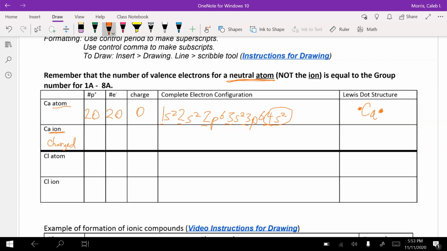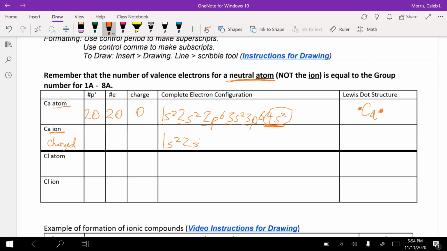Well, there's only 2 electrons, so to get to a full outer shell, I would have to add 6. Remember, the number we're trying to get to is 8. That would take 6 electrons to make that happen. Or I can give those 2 electrons away and just go down to the next layer. That's a whole lot easier. So that's what it's going to do. It's going to lose those 2 electrons that are in the outer layer. So we're going to get rid of those.